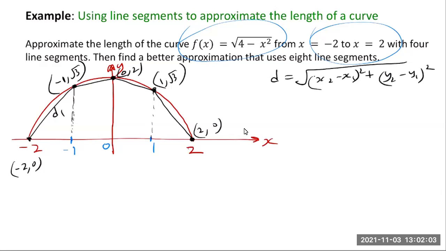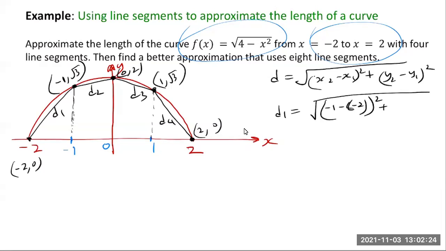I'll call these distances d1, d2, d3, d4. d1 is going to be square root of (-1 minus -2) squared plus (square root of 3 minus 0) squared. If you compute this, you will get 2.